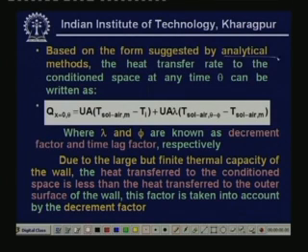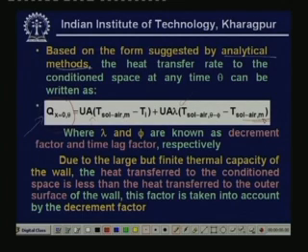By the analytical method, you can write at any time the heat transfer rate to the conditioned space, that is Q at x = 0 and θ, as equal to UA, where U is the overall heat transfer coefficient of the wall, A is the surface area of the wall, multiplied by (T sol-air subscript m minus Ti), plus UA into λ into (T sol-air at θ minus φ, minus T sol-air subscript m).